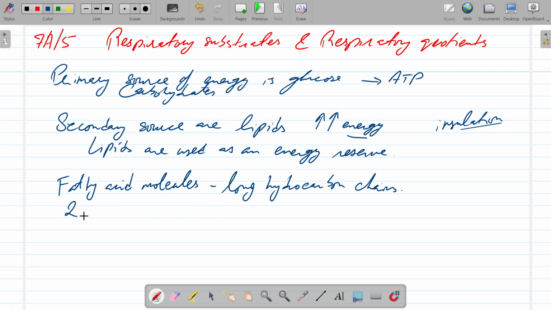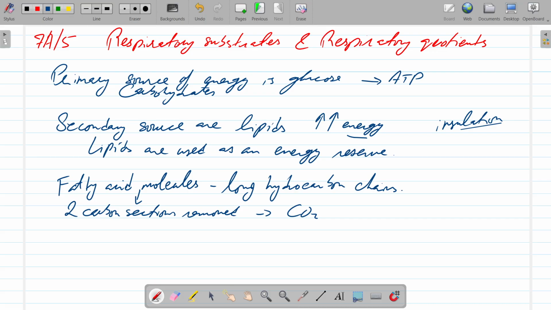So 2 carbon sections are removed from the fatty acid molecules. That is a waste product. Oh, sorry, the CO2 comes later.